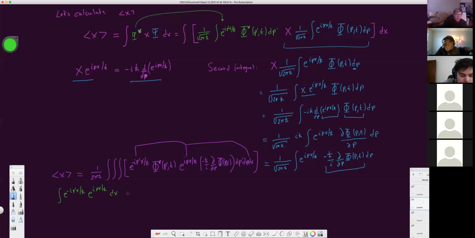Well, let's write that again. So e to the i x, and then p minus p prime over h bar dx, right? Okay, so let's just do a little change of variable here.